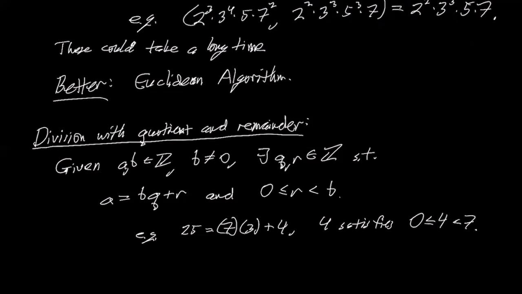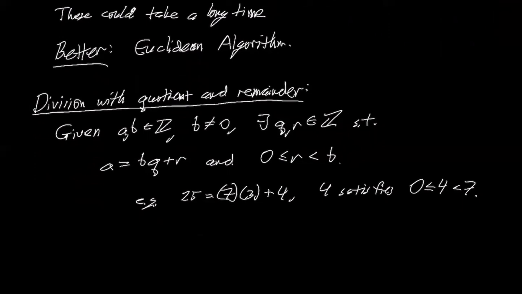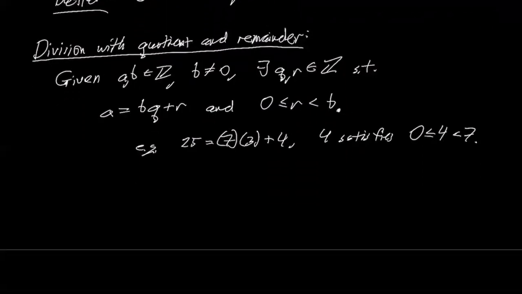It's smaller than what you divided by. Okay. You can prove this from the axioms. I'd like to post some videos at some point that have some rigorous proofs in them, but I won't do that right now. Okay, but that's a useful thing. So being able to divide with quotient and remainders is helpful. Why? Well, let's do an example.